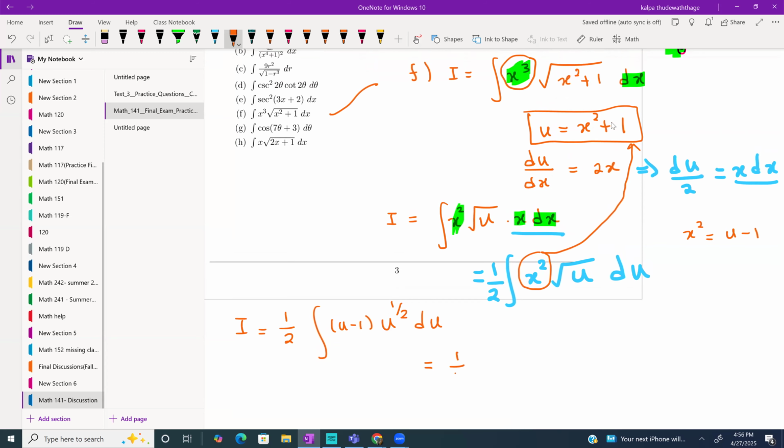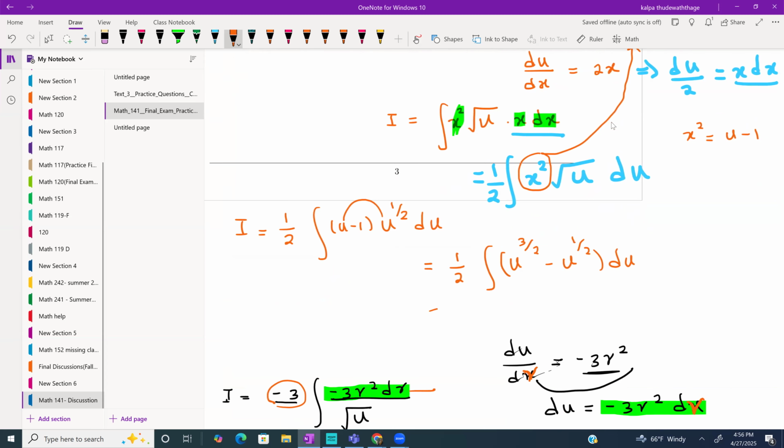Now you have to simplify this a little bit. You multiply u to the power half with u, which gives you 1 plus half, which is 3 over 2. This is u to the power 3 over 2. This you can all integrate because of just the power rule. Half, you add 1, which is 5 over 2, and 3 over 2.